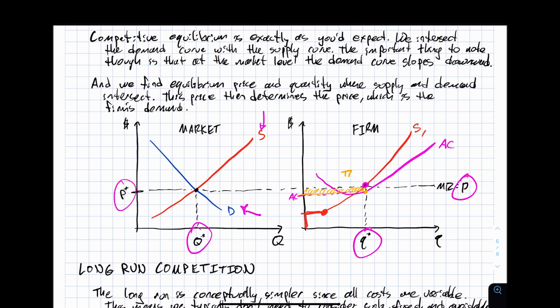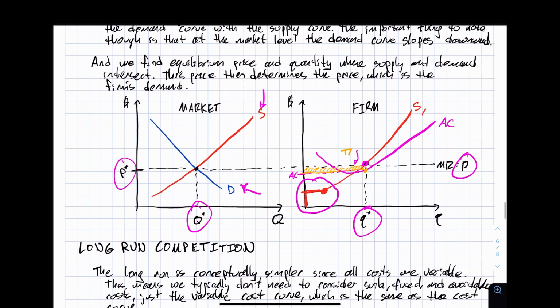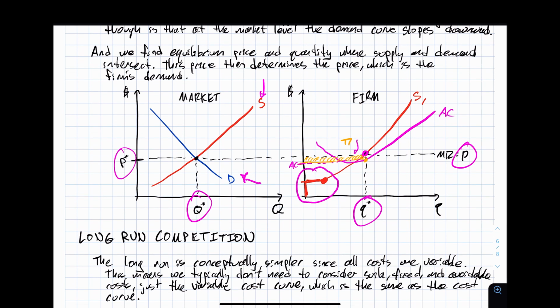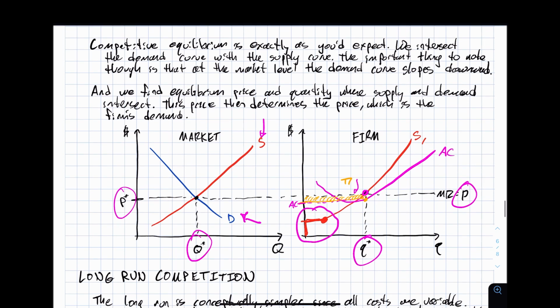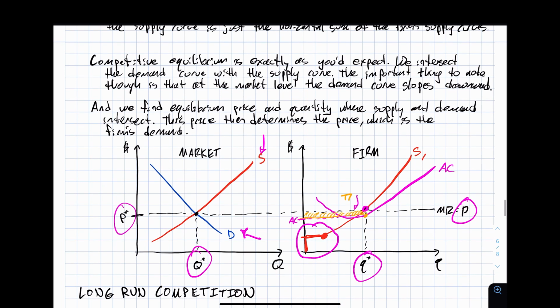We can find the firm's profit, which is this yellow area, and we've paid special attention to this discontinuity for very low prices. Okay. And when all of this is true, we have our perfectly competitive market equilibrium.